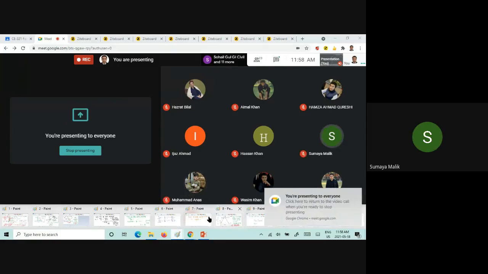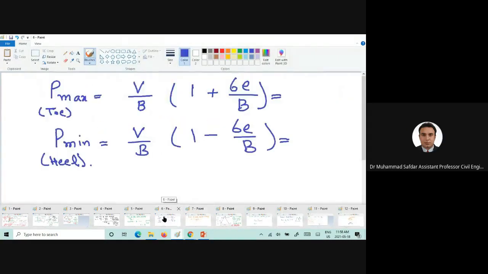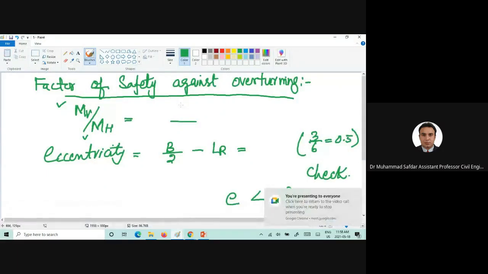Okay. So that is greater than 1. It means that it's okay.